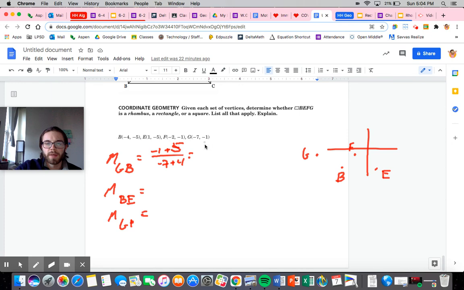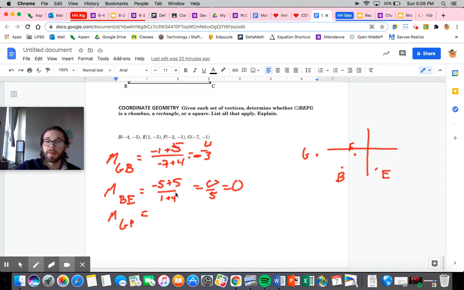That is going to be 4 over -3. BE is going to be change in y, -5 plus 5, that's 0. It doesn't even matter what the denominator is going to be, 1 plus 4. I pretty much know right off the bat this is not going to be perpendicular.